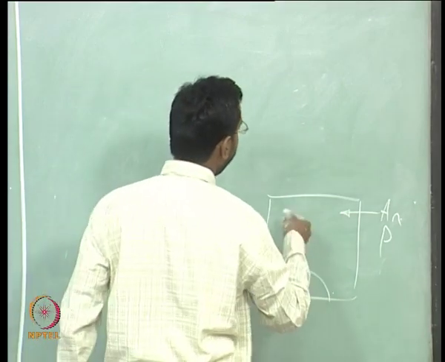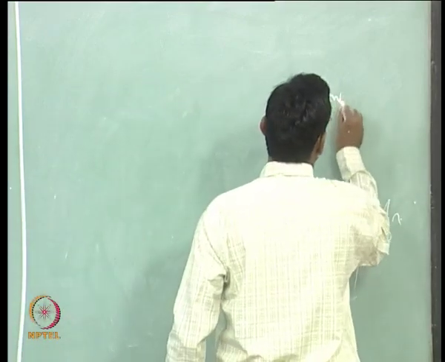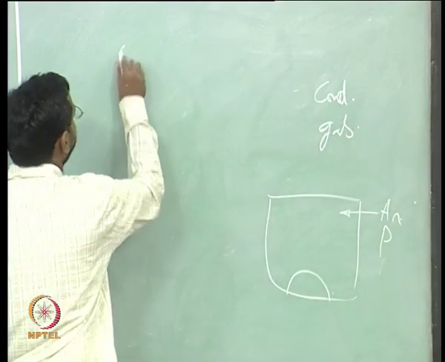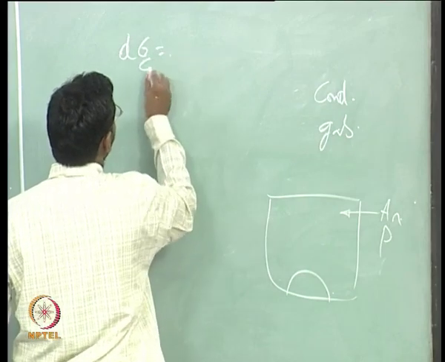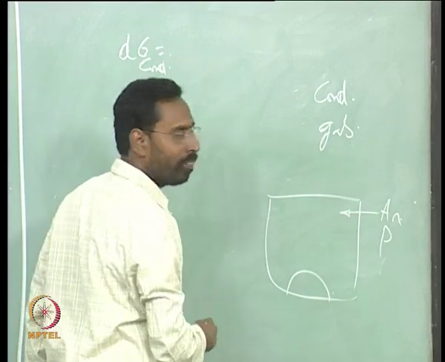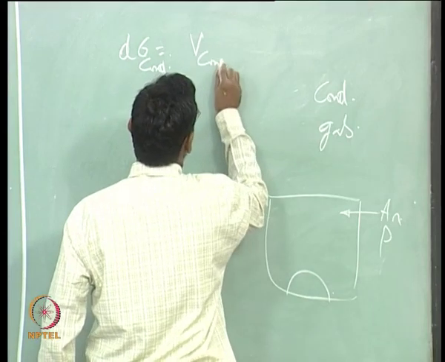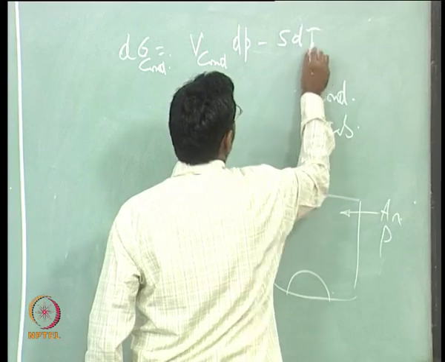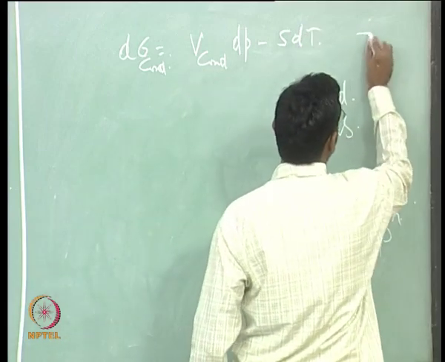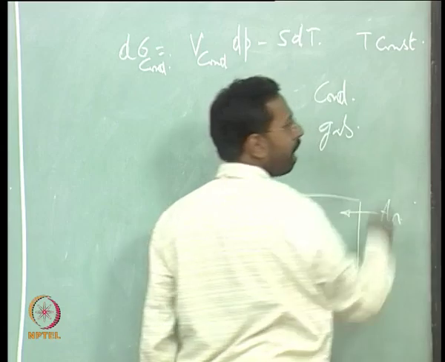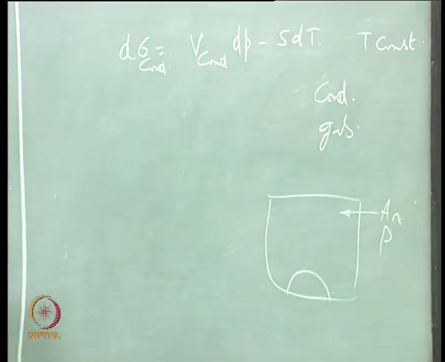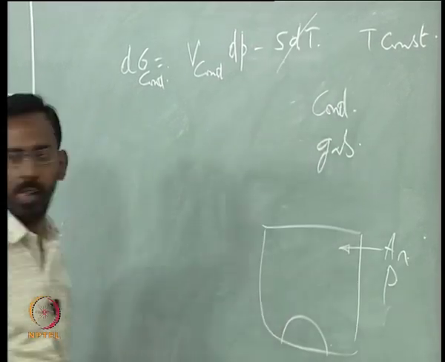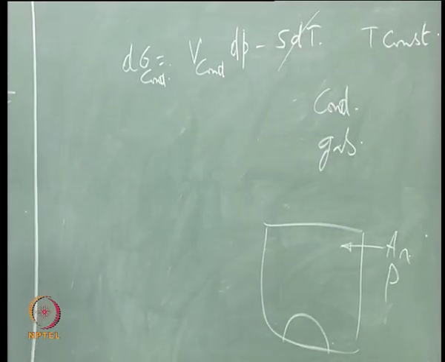In this case we have a condensed phase and a gas phase. For both of them, if we write the dG expression, dG of the condensed phase can be written as V of the condensed phase into dP minus SdT, and because temperature is constant, in principle we can ignore this. Am I right?